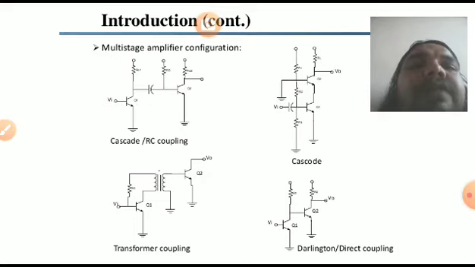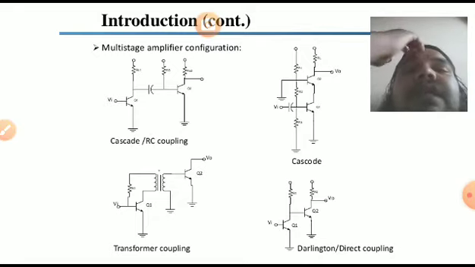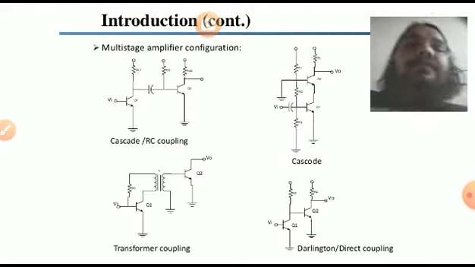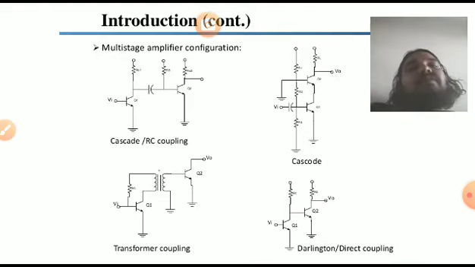Now the multi-stage amplifier configuration, with cascade and RC coupling. Here the first transistor will be there. A transistor has three terminals: emitter, base, collector.